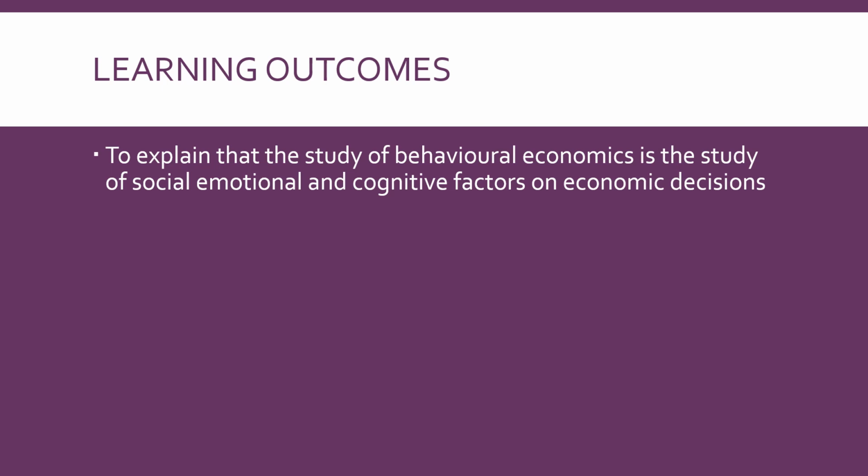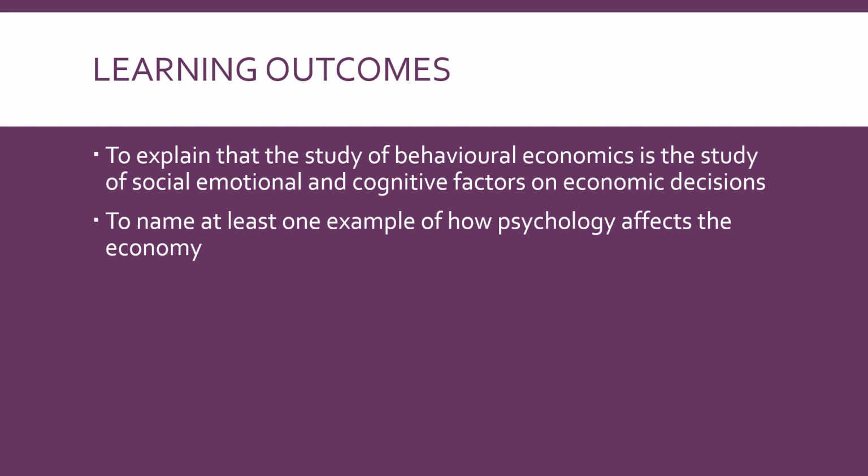Basically, it's about how does behaviour affect our spending? How does it affect our money? How does it affect our decisions on money? Money is often thought of as quite cold and quite logical, but actually there's a lot of emotion and social factors that go into it, and these sorts of decisions can make or break a company.